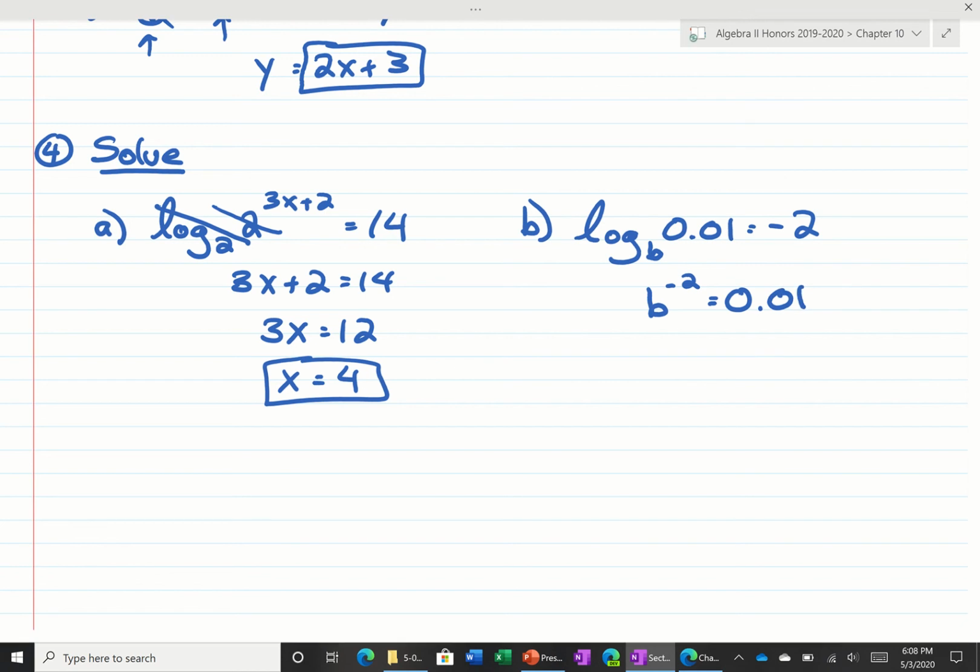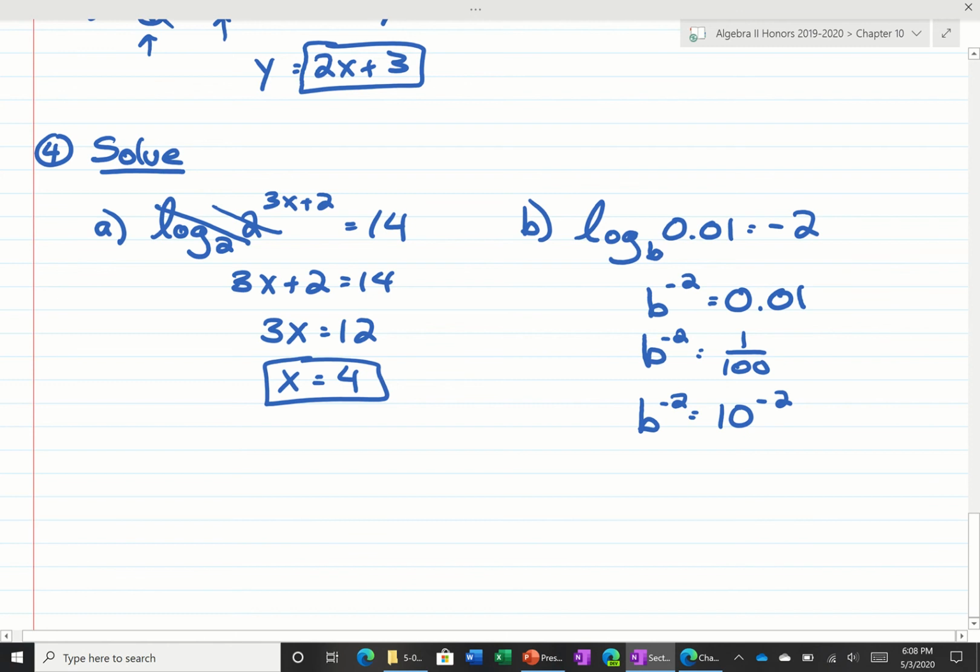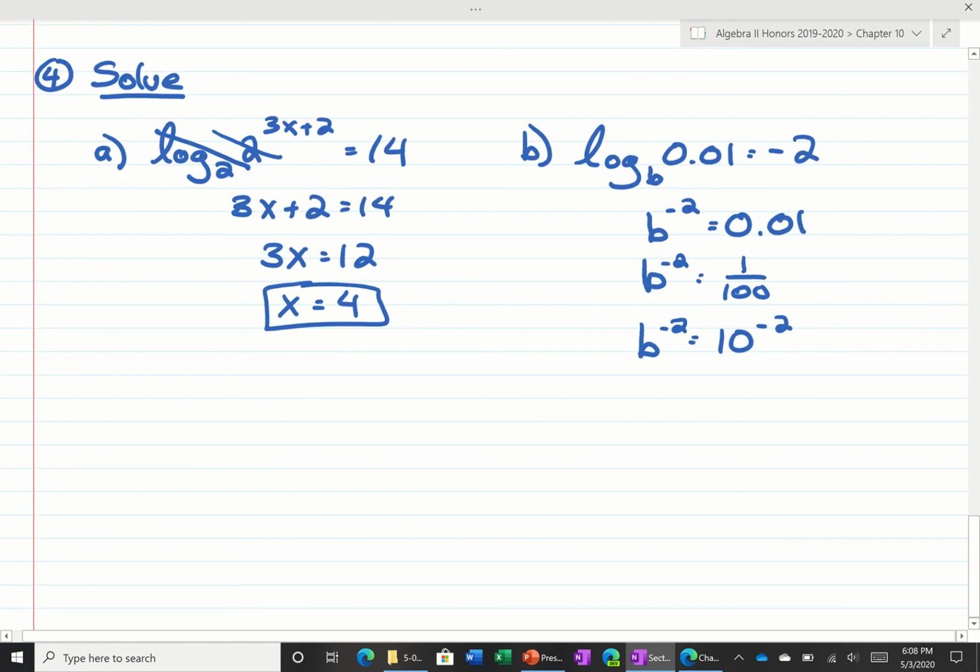Logs and decimals, they don't really play nicely. So let's rewrite 0.01 as a fraction. 0.01 is 1/100th. And 1/100th is 10 to the negative second. So you can see if these exponents are the same, the bases have to be the same. B would equal 10.